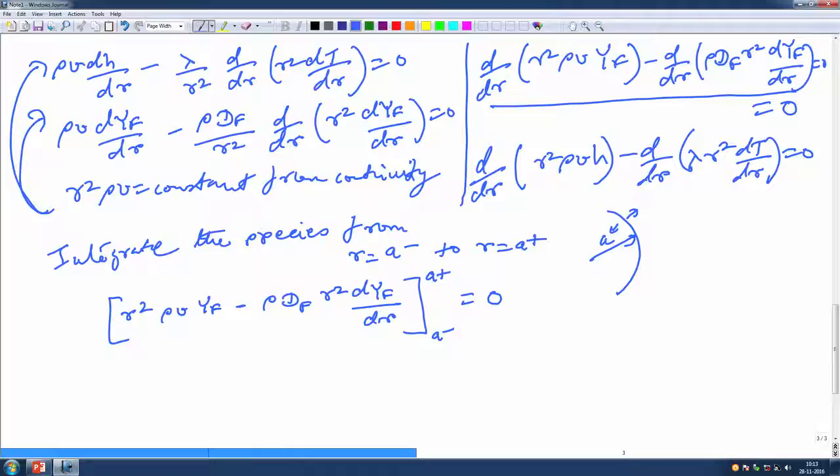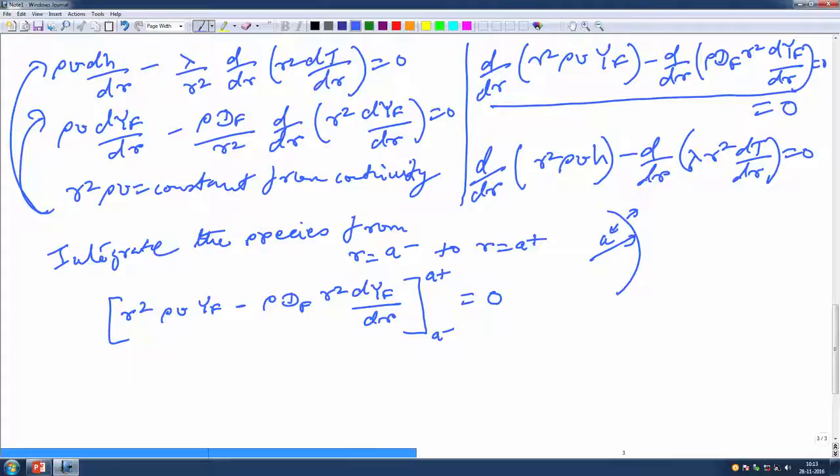Now what can we say now that we have established this? What about the concentration gradient within the droplet? Since it is a pure fuel, there is no question of any concentration gradient. Recall the lecture where we said that when there is a pure component, there is no concentration gradient, because there is only one component. How can there be a concentration gradient within the droplet?